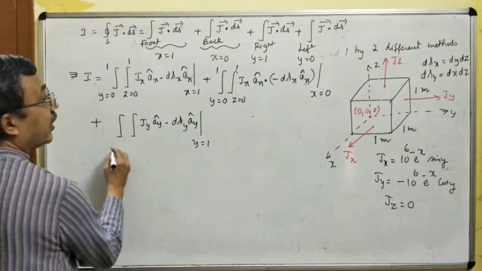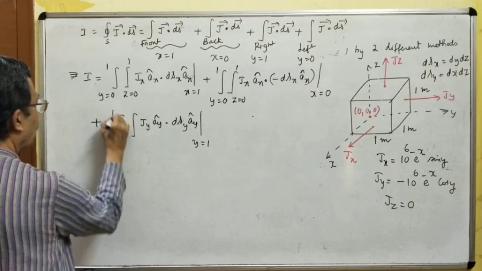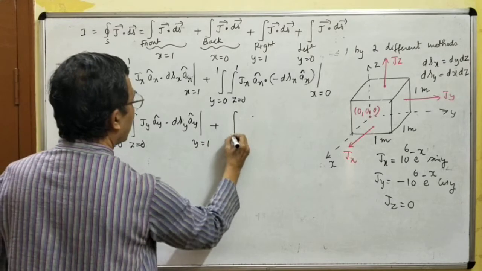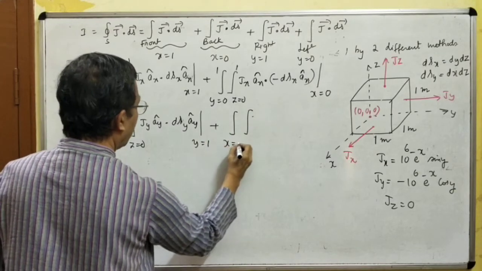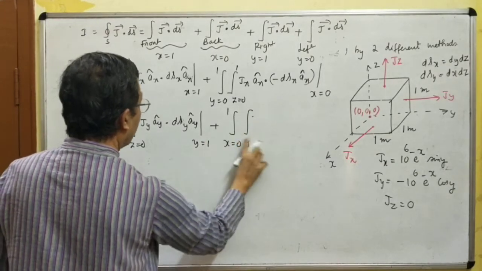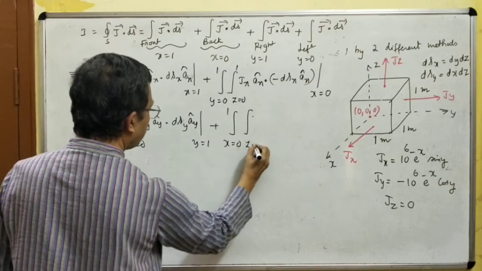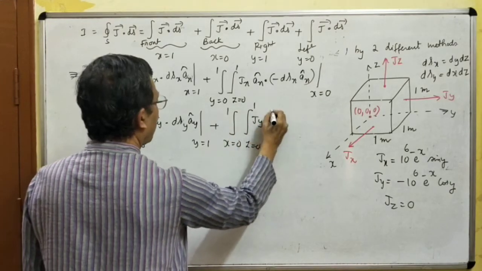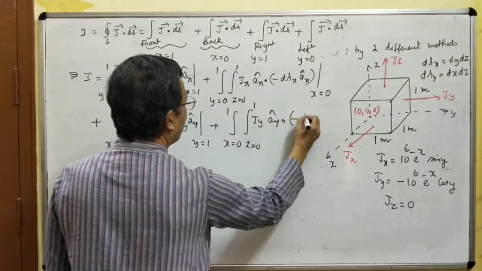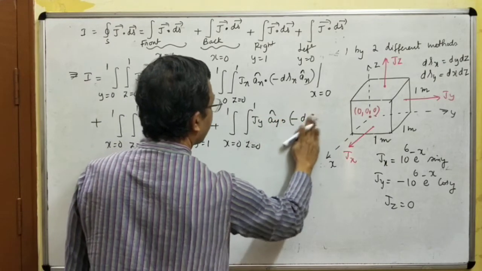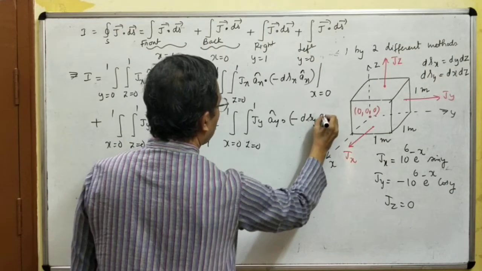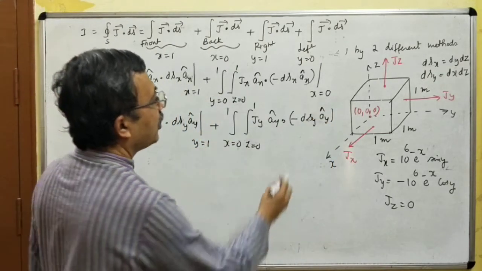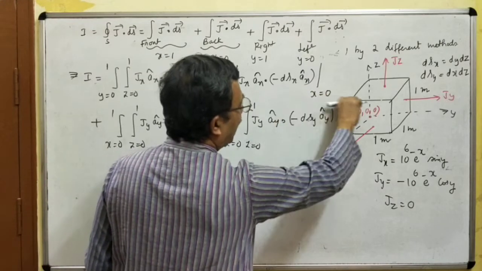Therefore, x varies from 0 to 1, z varies from 0 to 1, plus double integral, again x varies from 0 to 1, z varies from 0 to 1, Jy a_y cap dot minus dSy a_y cap. Minus sign because at the left face Jy is entering.